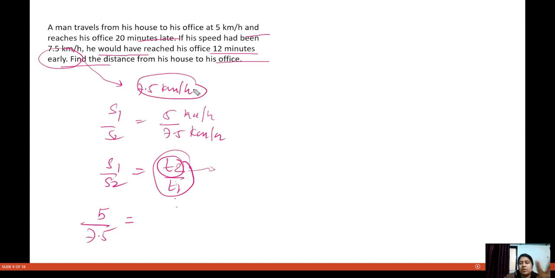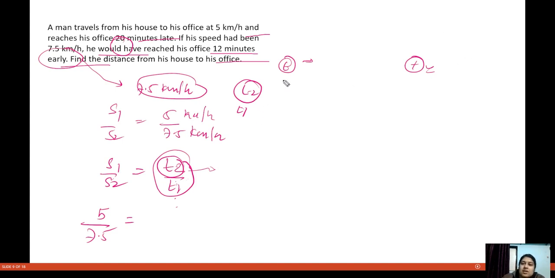Now this is 12 minutes less than the correct time, and t1 is 20 minutes late than the correct time. So let us consider the correct time to reach the office is equals to t.